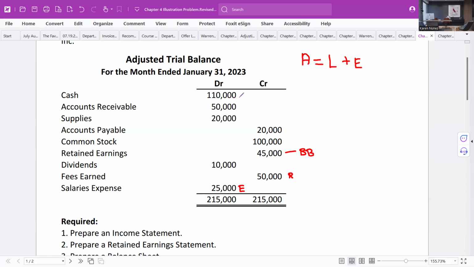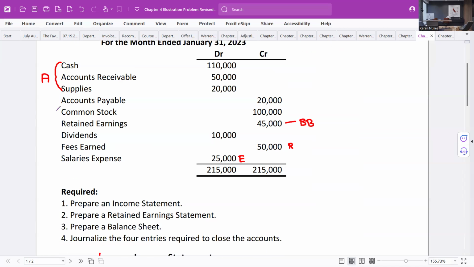So we have here all of the assets. These three right here, well, those are assets. And there's only one liability, accounts payable. And then we're going to need equity. And there are two equity accounts that go on the balance sheet. So the stockholders' equity consists of common stock and retained earnings.